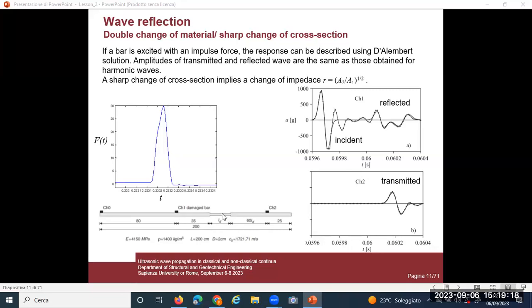Channel 1 is placed before the discontinuity, and channel 2 is placed after the discontinuity. You see here, this is the wave reflected by the first change in cross-section. And this other one is the wave reflected by the second change in cross-section. And here you see the wave which is transmitted.